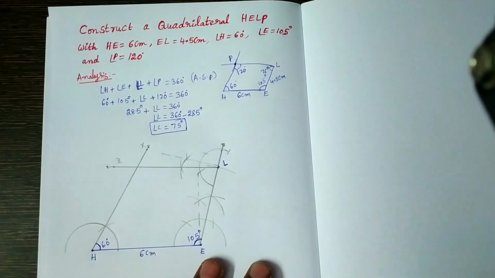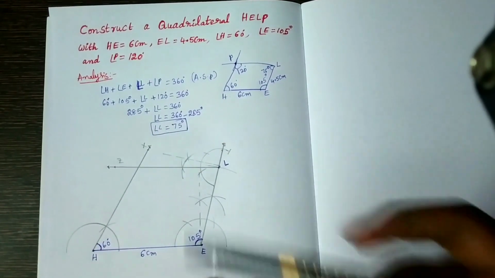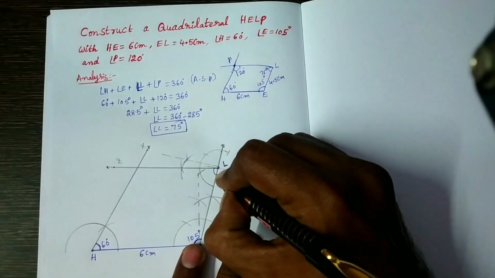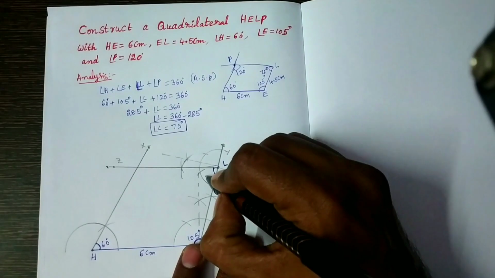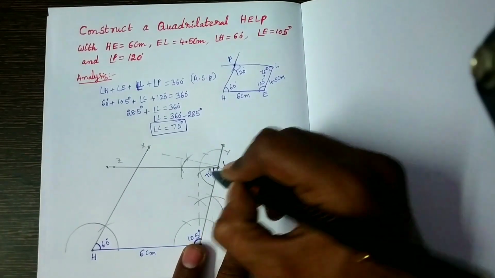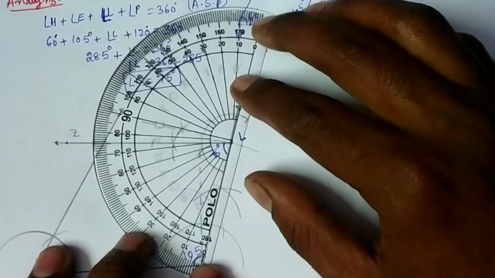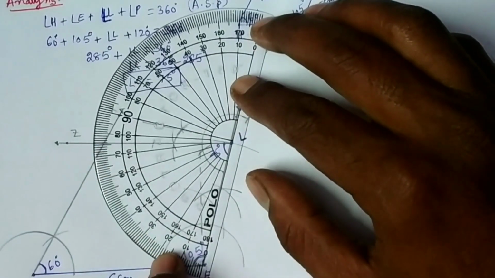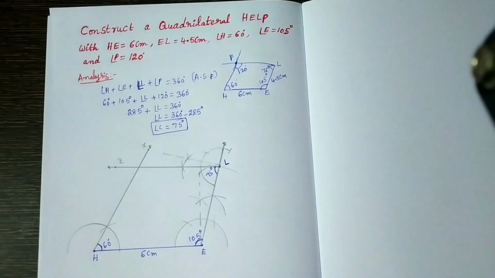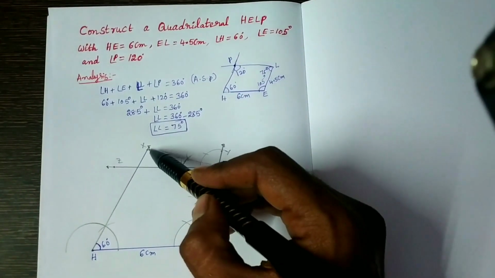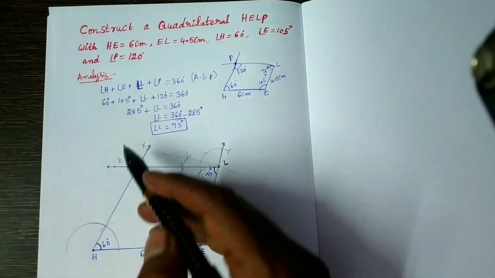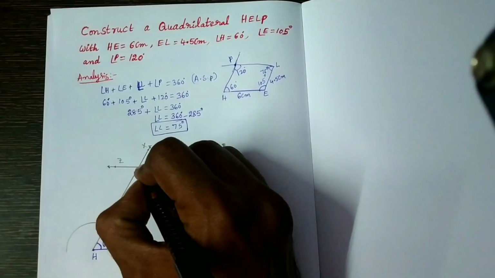So this angle L is 75 degrees, and check by protractor. So this angle is 75 degrees. So this is right. And the intersecting point of HX ray and LZ ray is P.